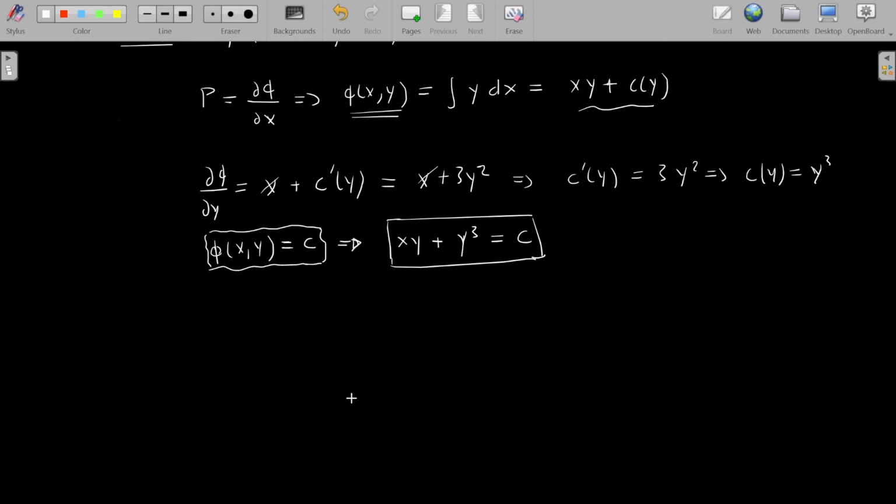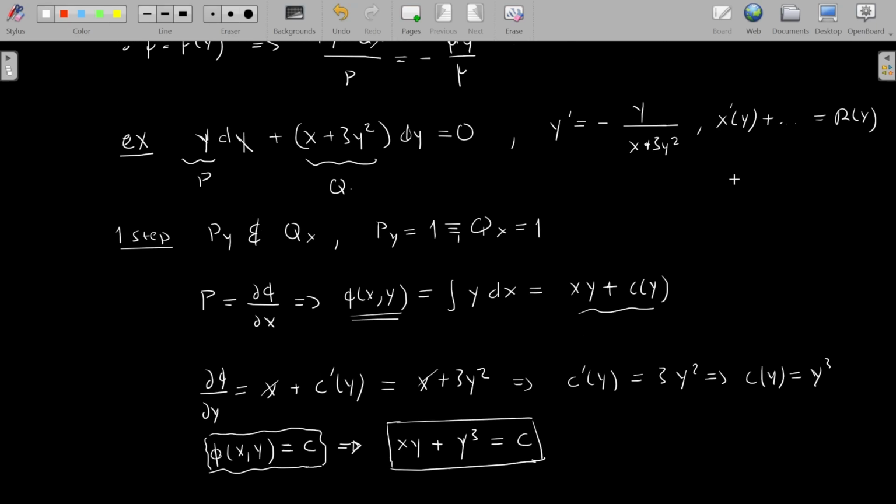Now, let's go ahead with, like I mentioned, this could also be solved by using the general linear formula for the first degree differential equation.